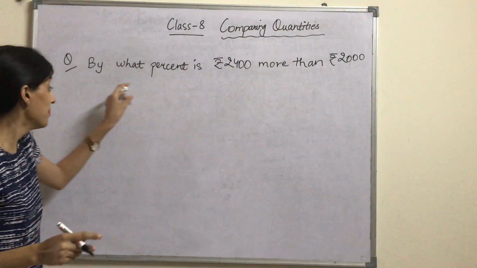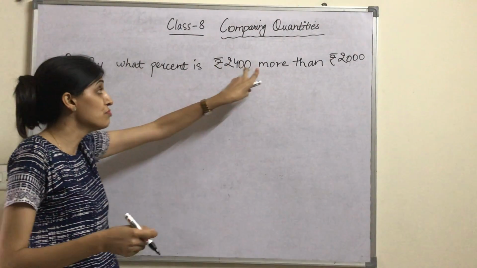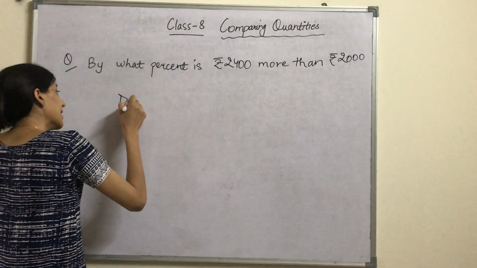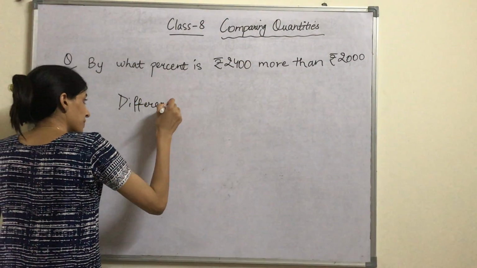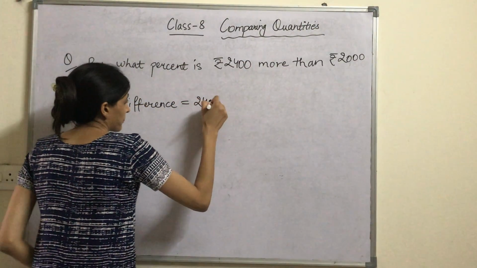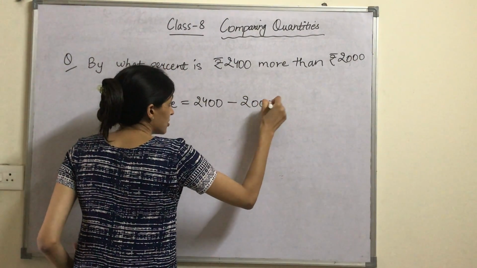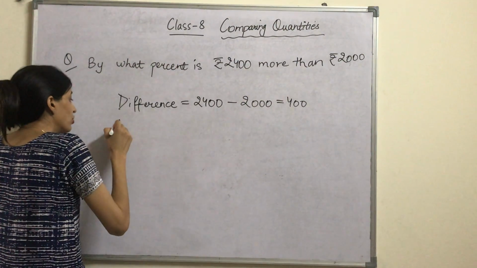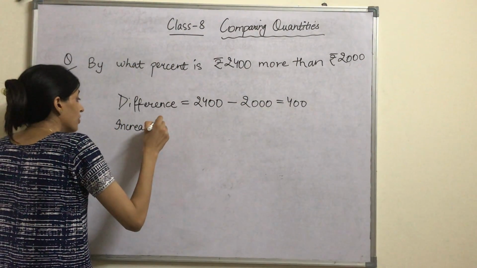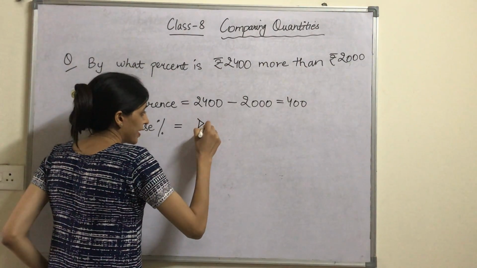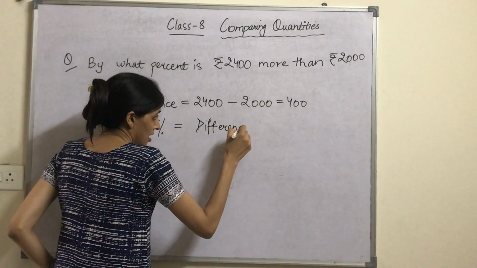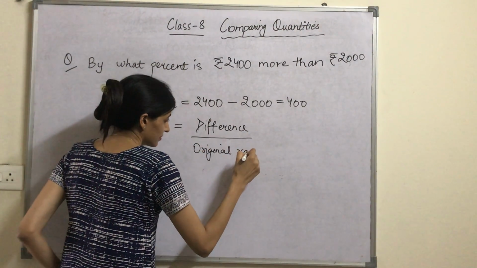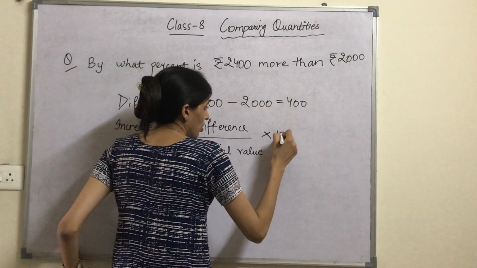First we have to find the difference, which is 2400 minus 2000. Now we have to find the increase percent, which is difference upon original value into 100.